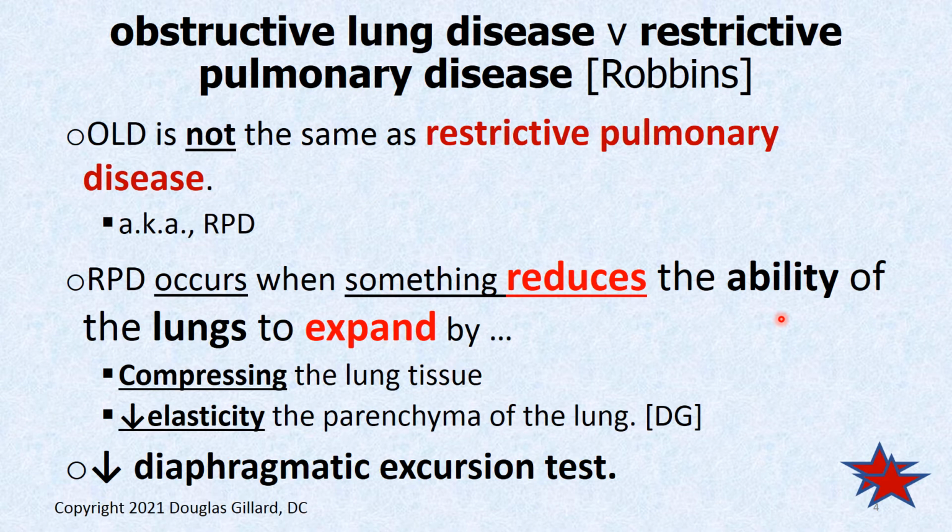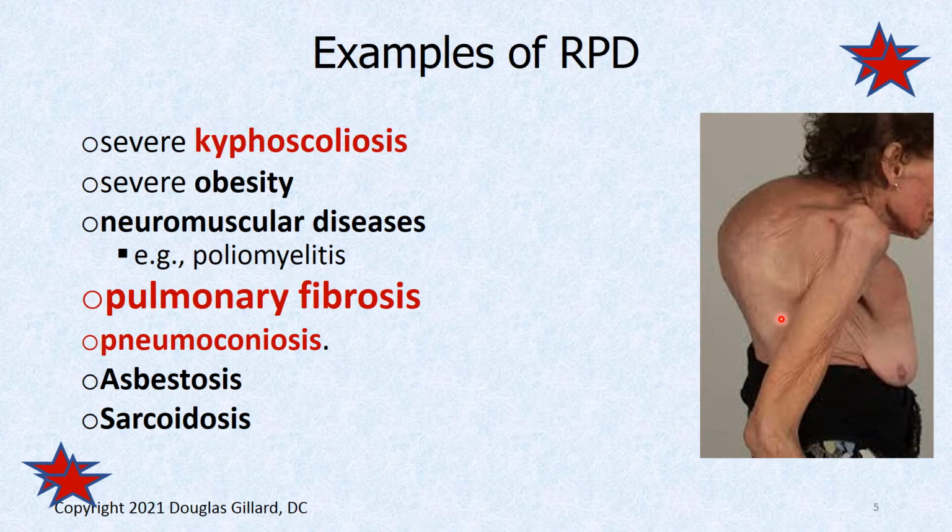So these are potentially curable diseases, whereas obstructive lung diseases have no cure. Diaphragmatic excursion tests would be greatly decreased in these restrictive pulmonary diseases. Some examples: severe scoliosis, severe obesity, where you have a lot of fat in your thoracic cavity squishing the lungs.